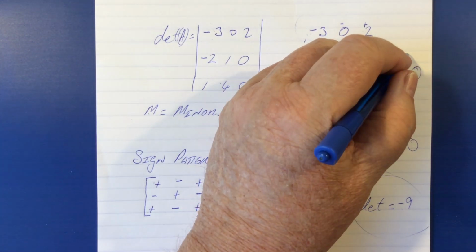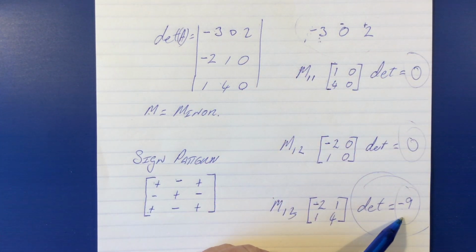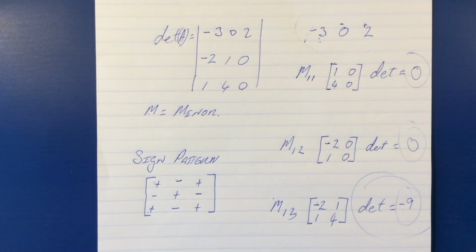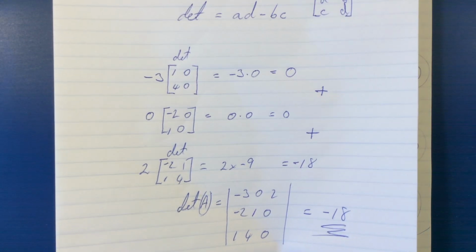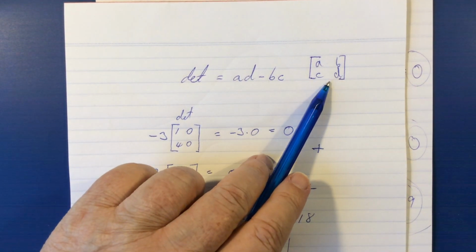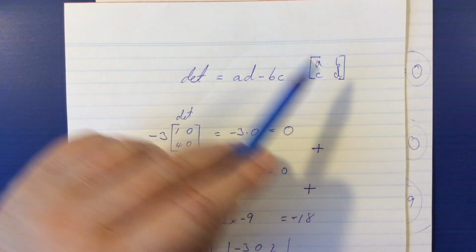Okay, these numbers we will multiply by these numbers. And just let me show you how that all works. So again, just a reminder about how determinants are worked out for 2 by 2 matrices.